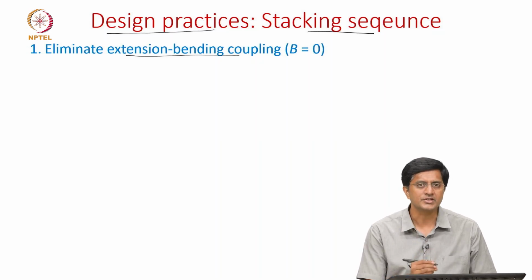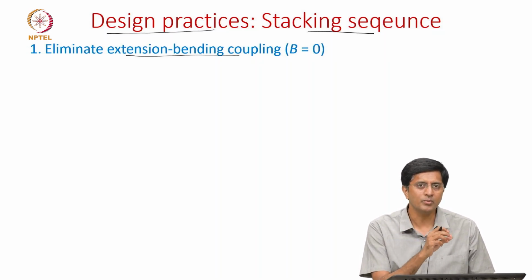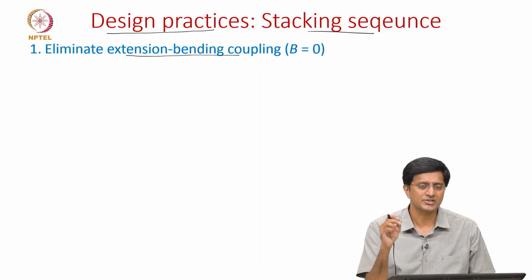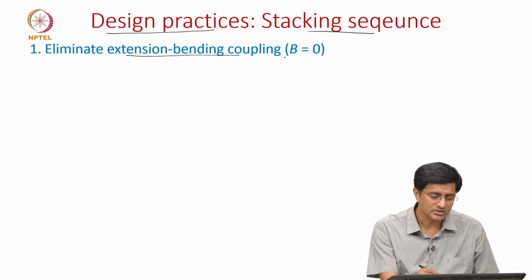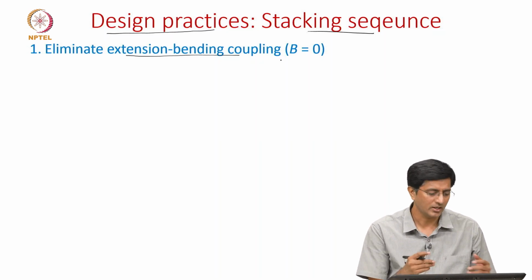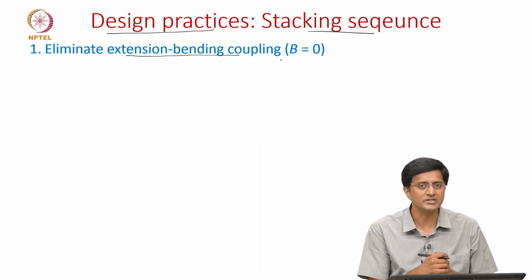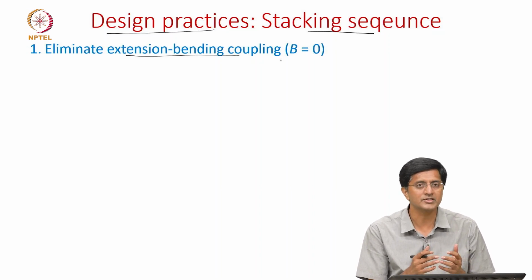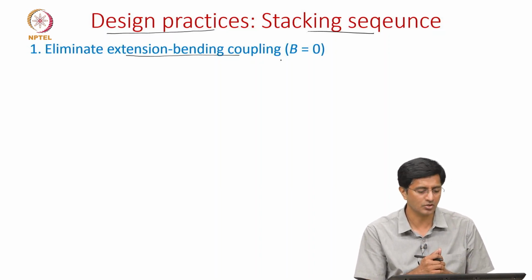This coupling connects the forces with the curvatures, or the moments with the mid-plane strains. If this coupling is gone, it simplifies the analysis, and manufacturing also becomes easier, because it can create some issues during curing of the composites.